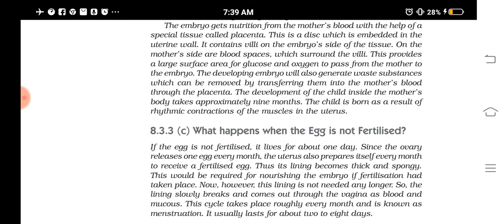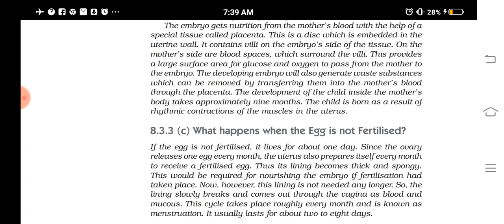Pituitary hormones help in starting this vigorous contraction that results in the birth of the baby. That contraction and expansion expels the baby out of the uterus, and that results in the birth of the baby.